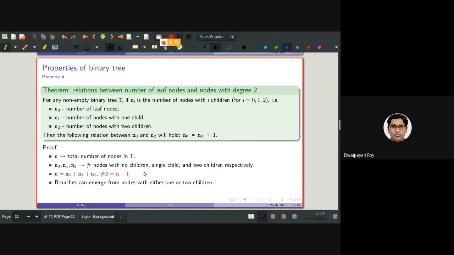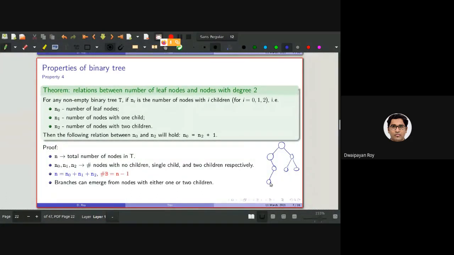As you can see, these branches can only spread from a node which contains either one child or two children, right? So for this tree, let's add another.